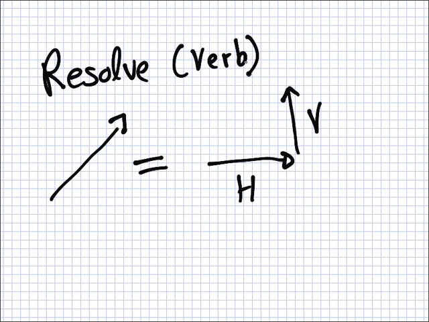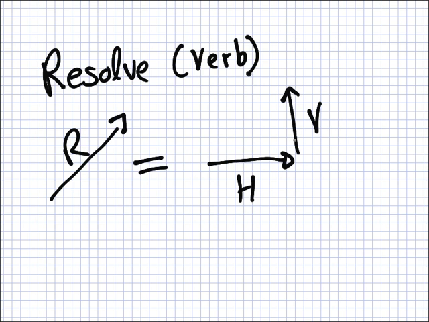So here you could say to resolve a vector, or, well, this is the resolution, but we don't really use that word in physics. There's a different word, a different noun. So does anybody know maybe the noun to describe the H and the V here? So normally in English we would say resolution, like you said. But in physics we have a different word here.